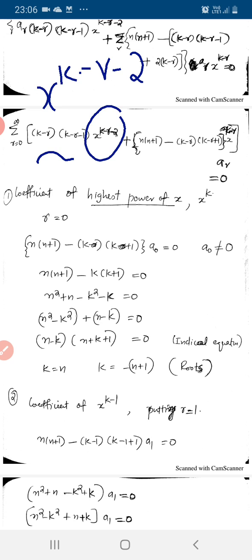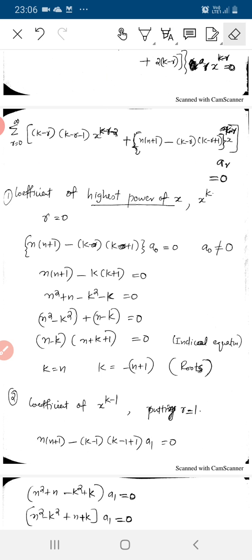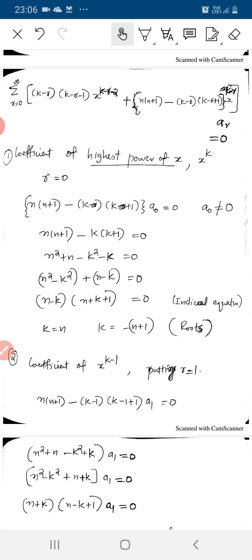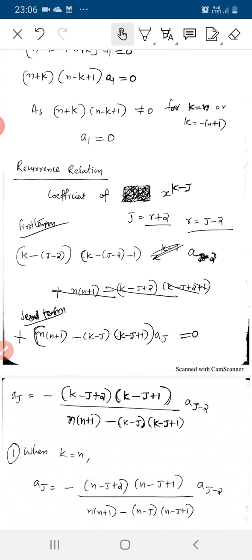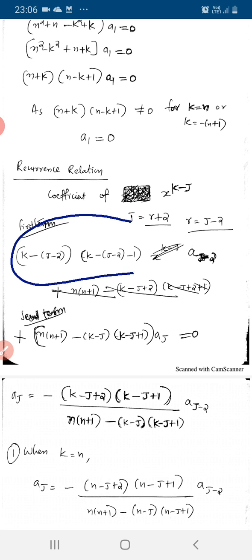And here we put r equal to j to get the coefficient of x to the power k minus j. So from the first term we will get this.